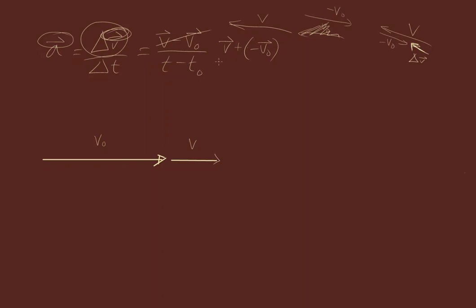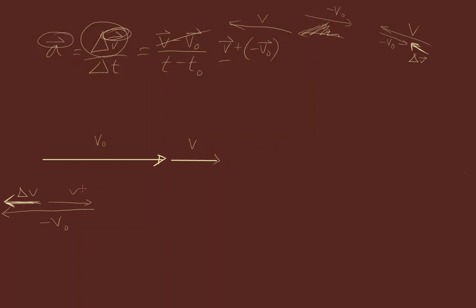So again, we want to take V and add the negative of V naught. So V, and we'll take the negative of V naught. And we can see here delta V is against the direction that the object is actually moving in.